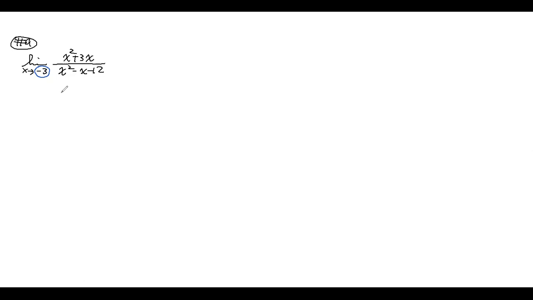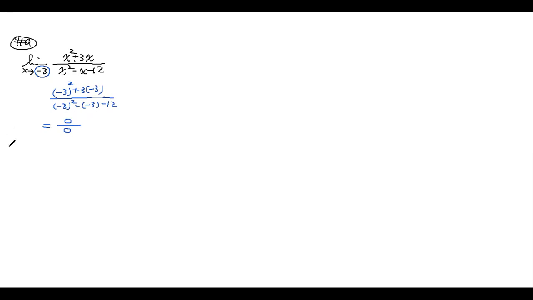So here, you replace x with -3: -3 squared plus 3 times -3, over -3 squared minus -3 minus 12. If you calculate this, it turns out to be 0 over 0, and 0 over 0 is an indeterminate form, so I don't know what the value is.